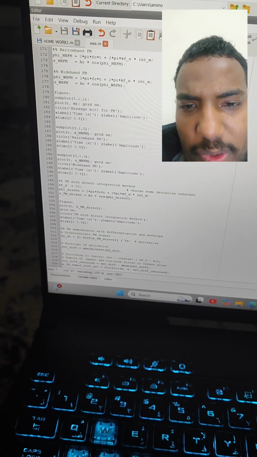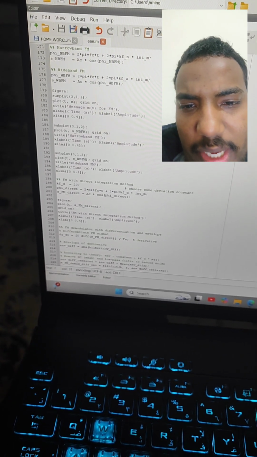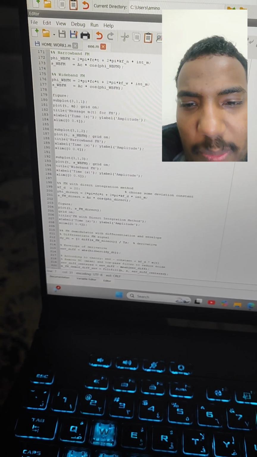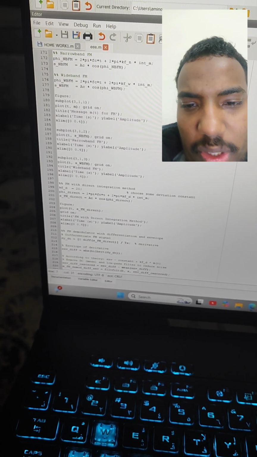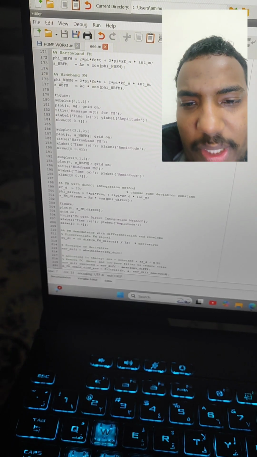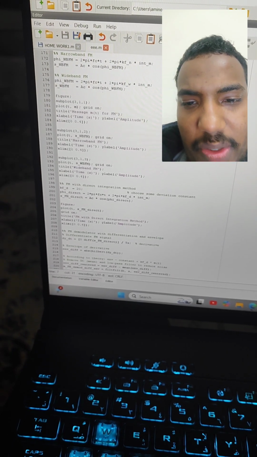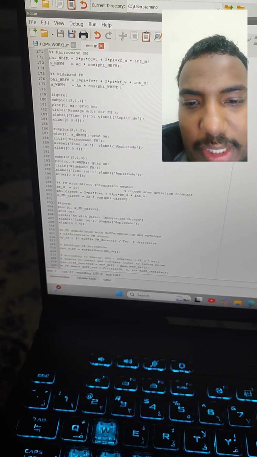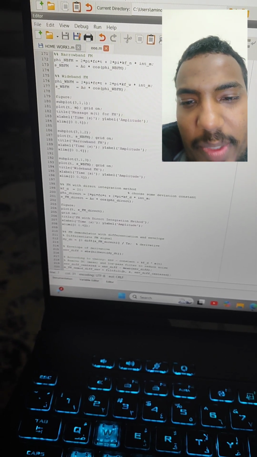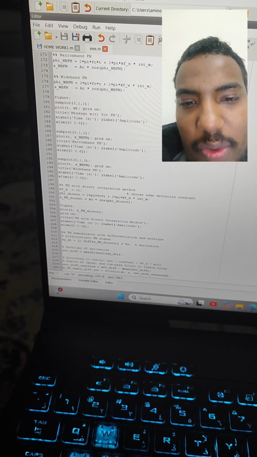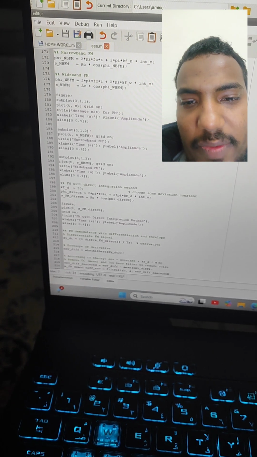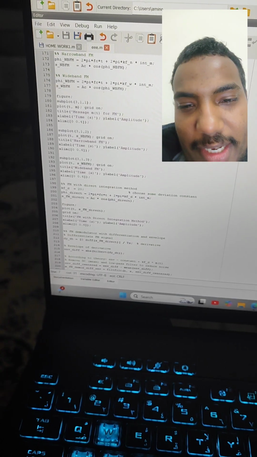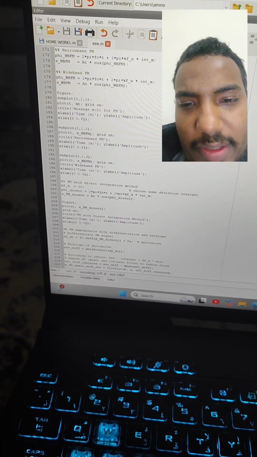Figure, subplot 311, plot t, m, title: message m(t). Subplot 312, plot SSB USB, title: SSB upper sideband USB. Subplot 313, plot SSB LSB, title: SSB lower sideband LSB. This figure shows the message, the USB signal and the LSB signal.